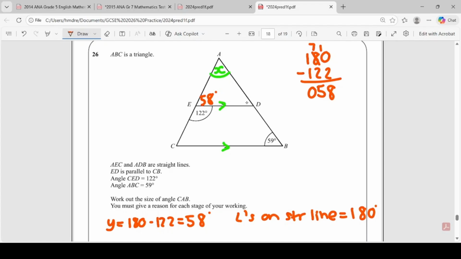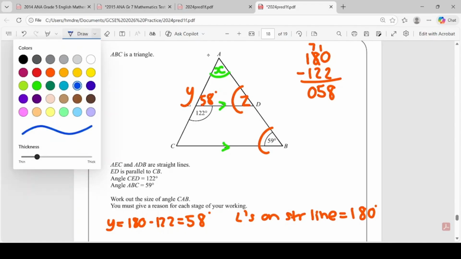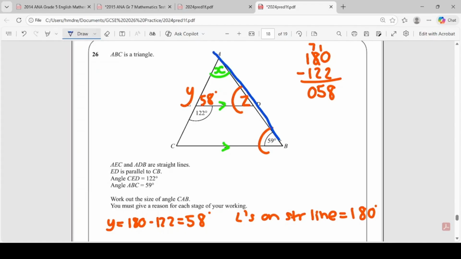The next thing we can do is we could actually get this angle here. So this was y, and then this one, let's call this one z in there. And angle z is going to be the same as this. Reason being, we've actually got corresponding angles here. So we can see we've got this F shape here.